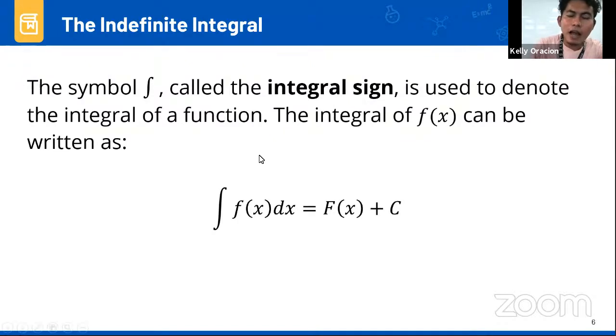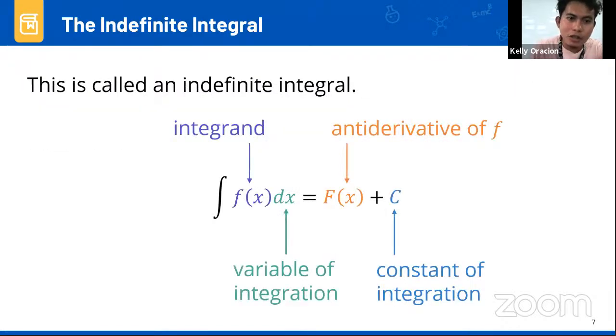So this time, let's have the parts. What are the terms involved in the indefinite integral? The f(x) there is what we call the integrand. The dx is the variable of integration.